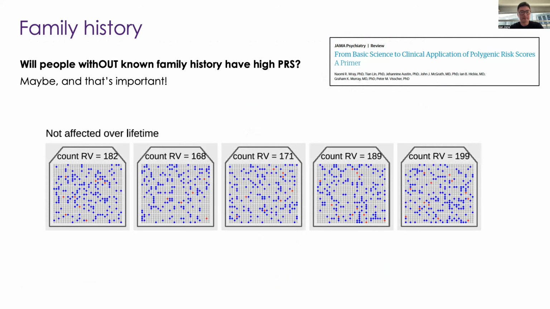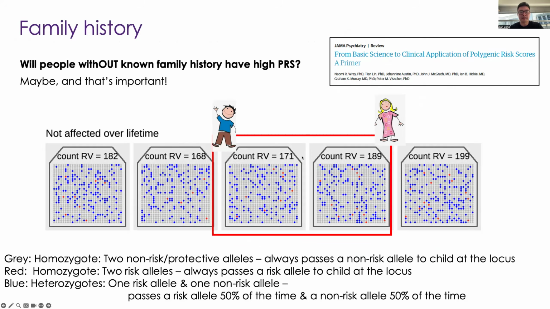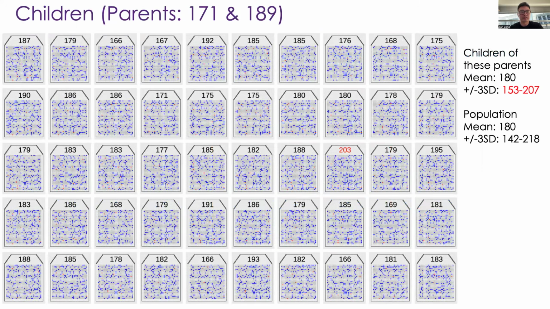So let's go back to our simulation and look at this example. We will simulate a number of children from two healthy individuals, and you will see that important genetic differences can occur within a family as a result of the segregation of alleles from parents to the offspring at meiosis. So this is the result of 50 simulated children.